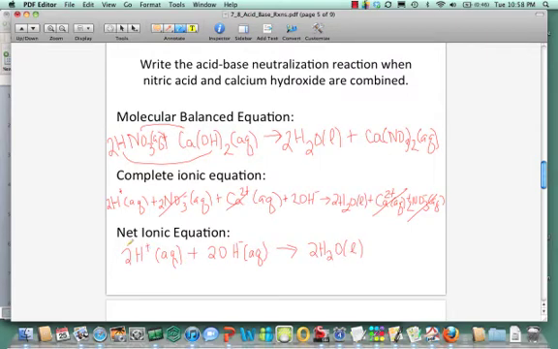And when you go through, you can convert these to ones, ones, ones. We really don't need those for the net ionic equation. So that's the net ionic equation for that.